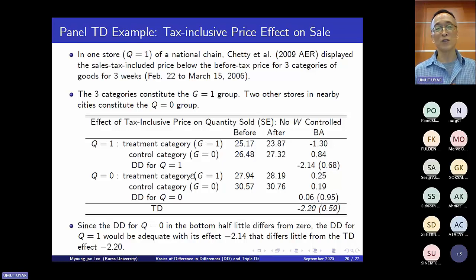You can just do DD for Q1 group, comparing these two categories. And the same is true for DD versus BA. When you do DD, you do 2 BAs, right? But the second BA can be 0. If the second BA is 0, then 1 BA is enough instead of DD.